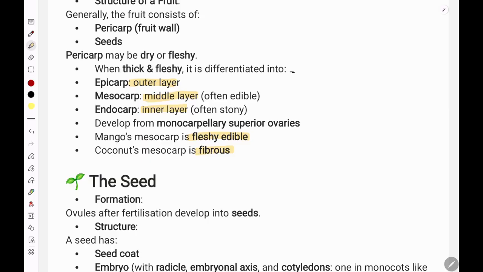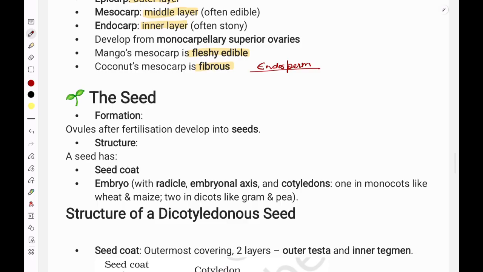This layer is fibrous, which is not edible. In the case of coconut, the endosperm is generally edible.